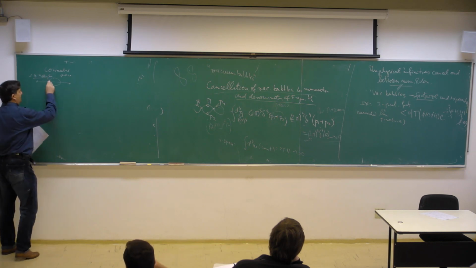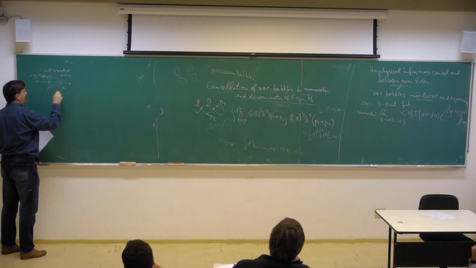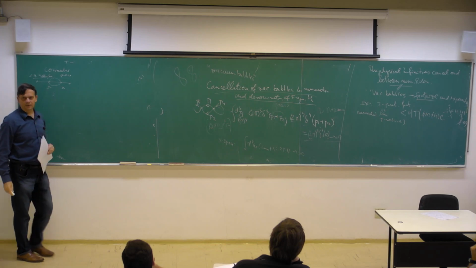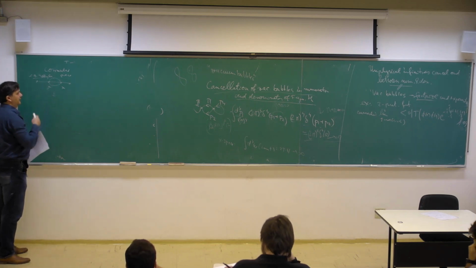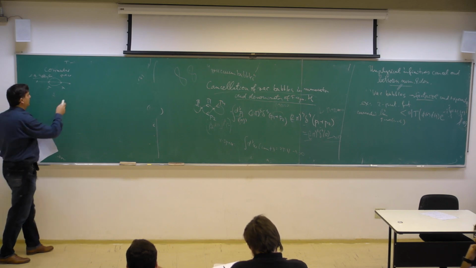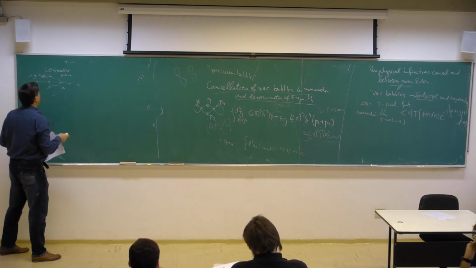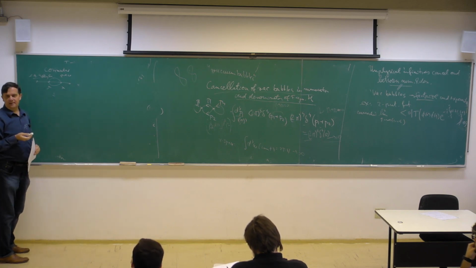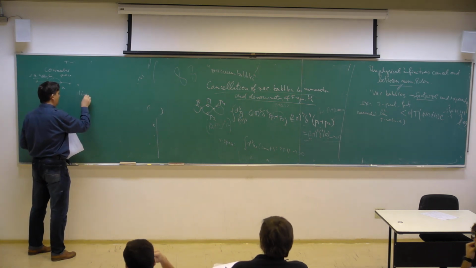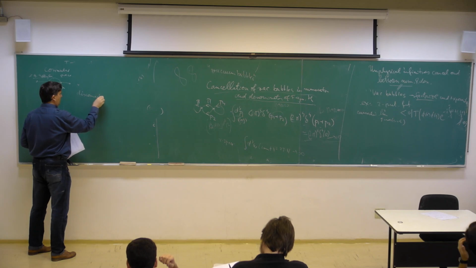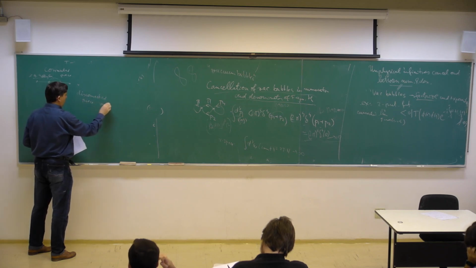The setting sun has lambda here and lambda here, so this already contains two interaction Hamiltonians with the corresponding contractions. But besides this connected piece, in principle there can be some disconnected piece, which is actually a vacuum bubble.